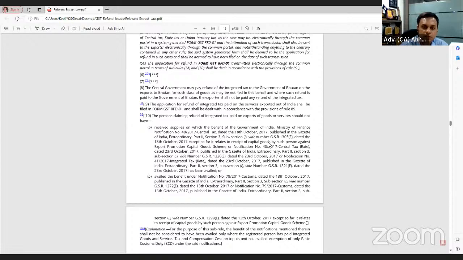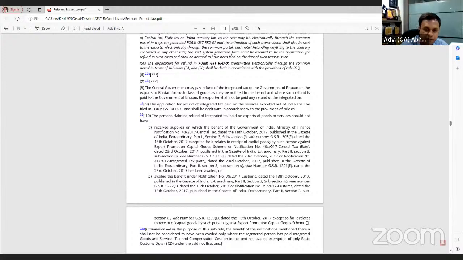These are basically not the parent notifications. These are the child notifications which have been issued. The parent notifications that we saw earlier on the screen are either 18/2015 when it comes to advance authorization, or 52/2003 when it comes to benefits available under the EOU scheme. So these two notifications have been amended by notifications 78 and 79 in financial year 17-18.